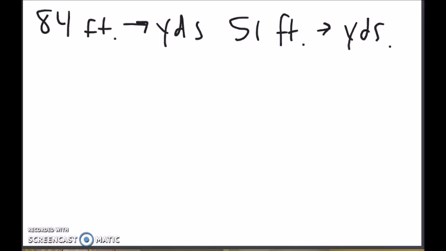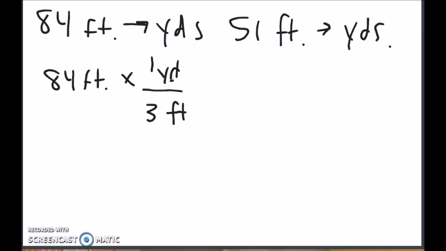So first, I know that if I have 84 feet and I multiply it by 1 yard over 3 feet, because that's how many feet are in 1 yard, then that will come out to 84 divided by 3. And I know that 3 goes into 84 28 times. So the basketball court will need to be 28 yards long.